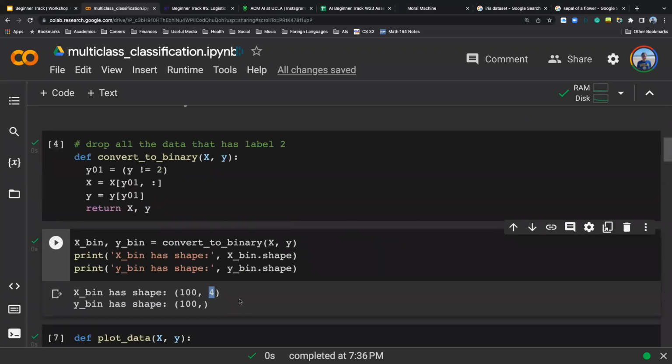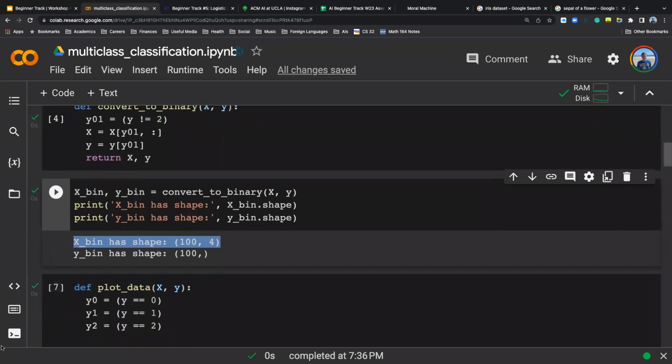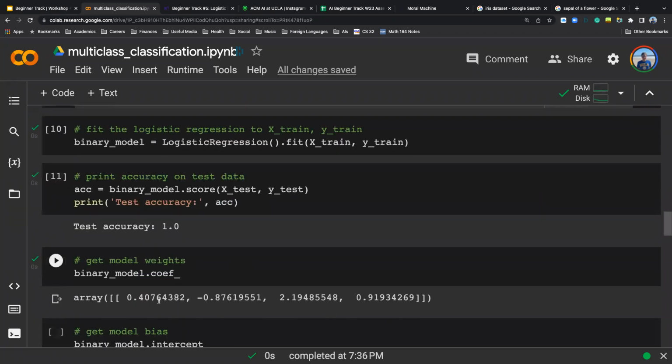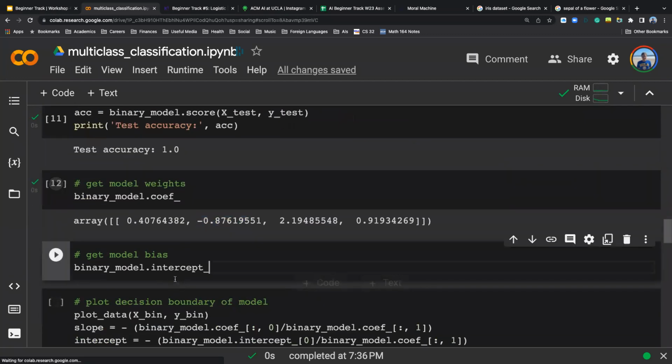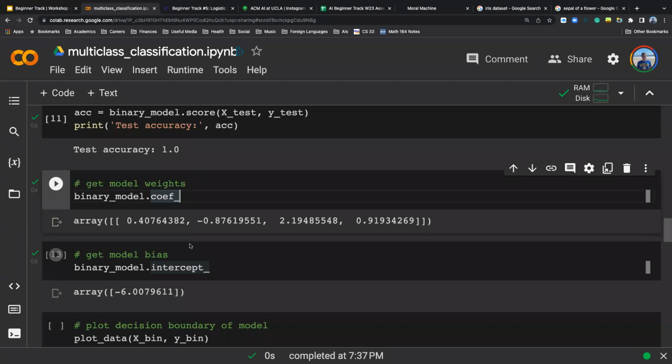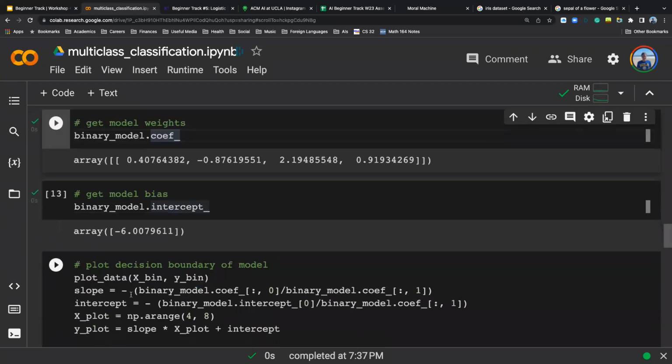So if you recall, our input data has shape 100,4. We have 4 features, right? The 4 features we're looking at are petal length, petal width, sepal length, and sepal width. We aren't plotting petal length and petal width, but this was just an example I was showing you. So we have 4 features, so we have 4 coefficients, 1 coefficient corresponding to each one of those features. And then we also have the bias term, or the intercept, which our model has calculated. So you can do model.coef_ to look at the coefficients, and .intercept_ to look at the intercept.